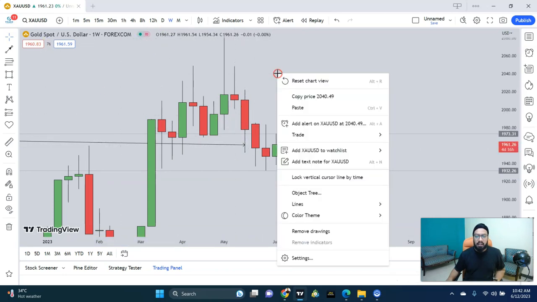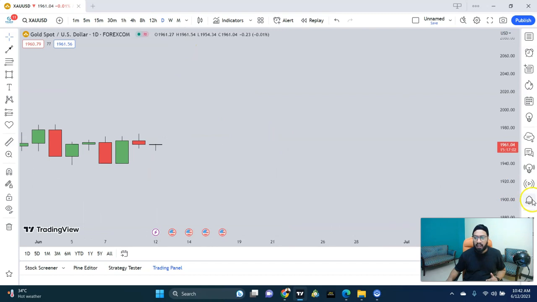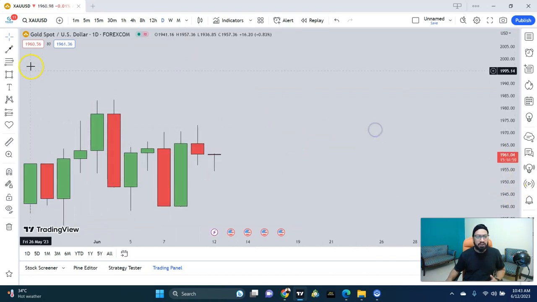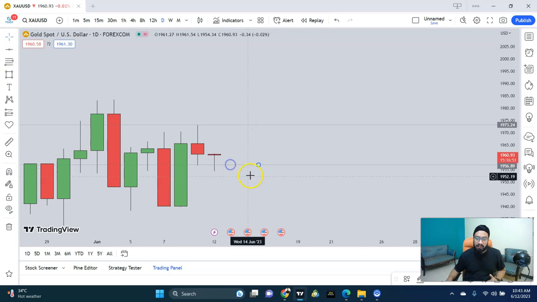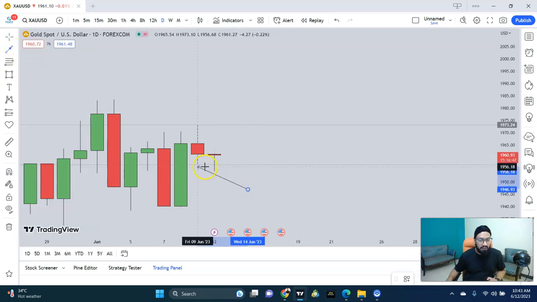All right, and when you are planning your trade, go to the daily chart, and on the daily chart, just again mark the highs and lows. This is the high, this is the low. On the daily chart we can see that this low has been taken off in the Asian session.